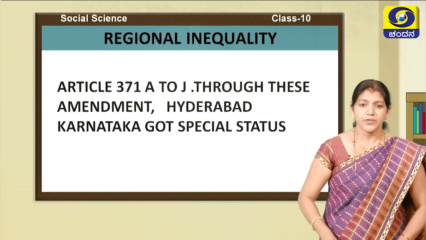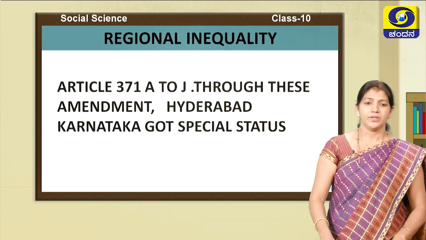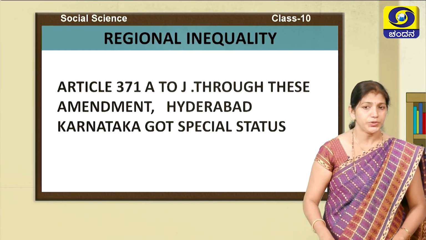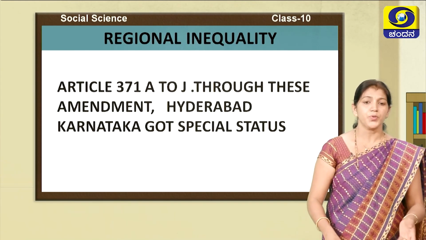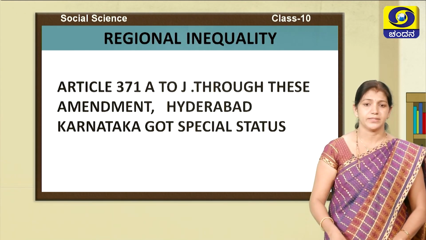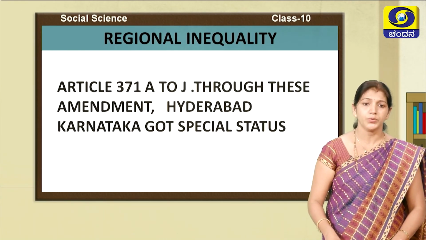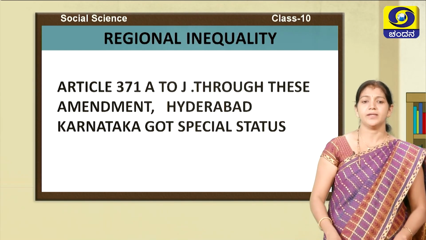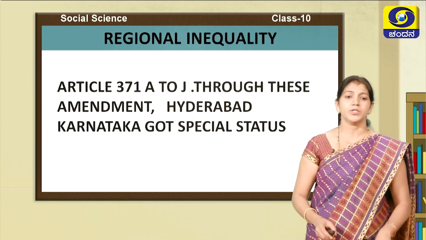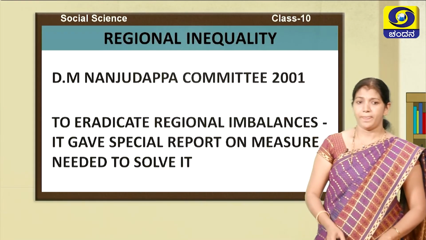Articles 371A to J, these amendments of the Constitution provide for the improvement of backward regions. Hyderabad Karnataka got a special status according to Article 371A. So through this article, the backward regions are also getting good status in our country.